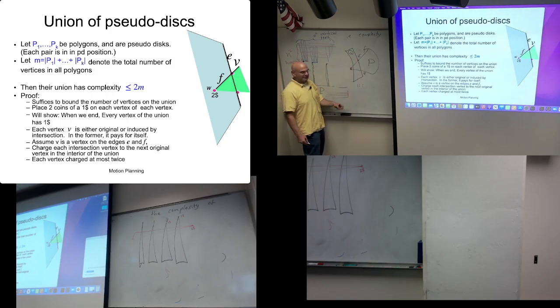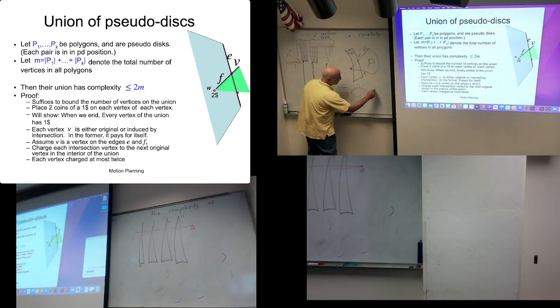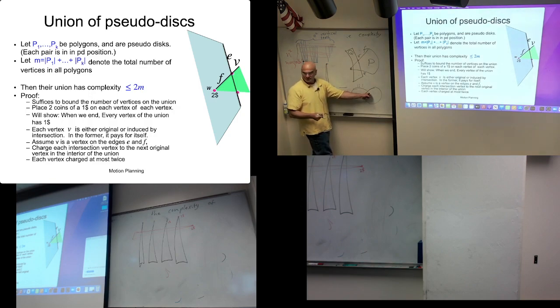But here, since they are pseudo-disks and they are polygons, look at the intersection of two objects. When this is the intersection of two convex polygons, look at their intersection. There must be a vertex of at least one of the polygons on the intersection. Everybody agrees? There must be a vertex of the original polygon there, on the boundary of the intersection.